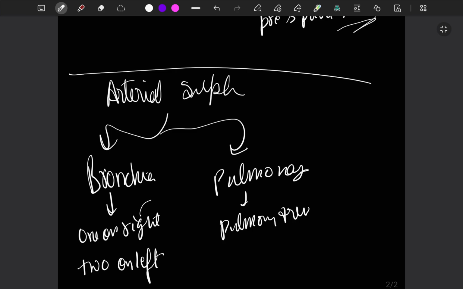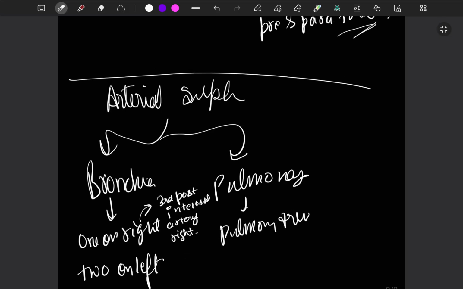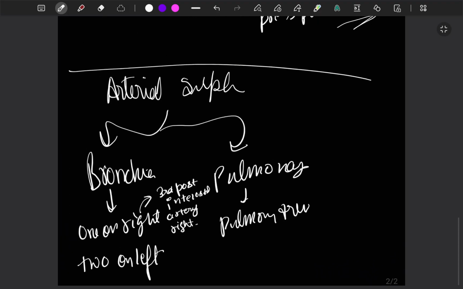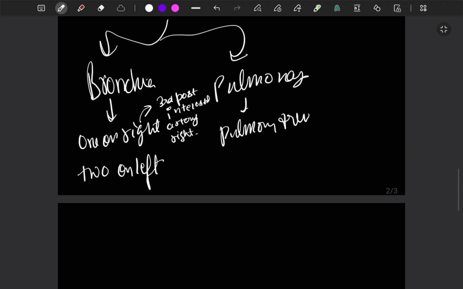Okay, the right comes from, like we studied, the third posterior intercostal artery. Two on left. These are branches of the descending thoracic aorta.